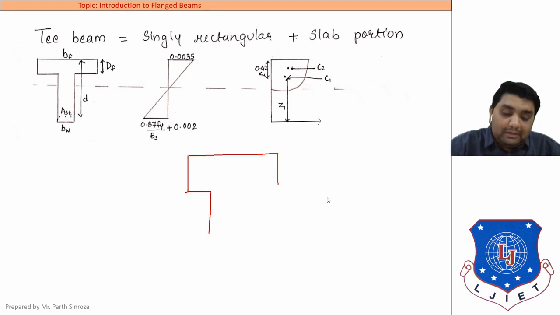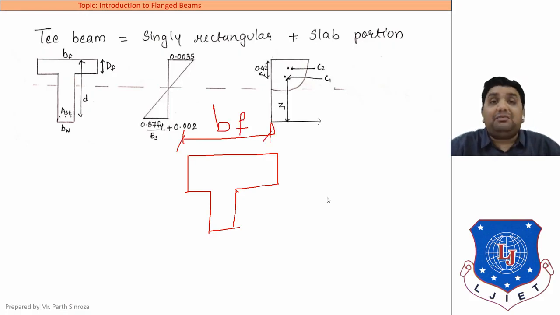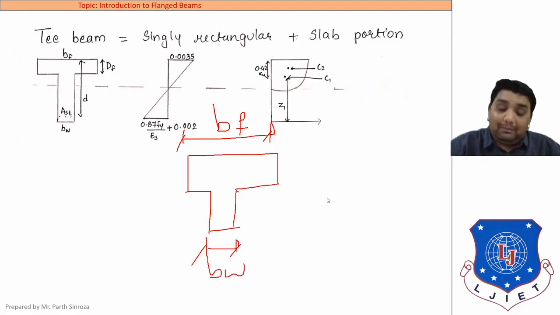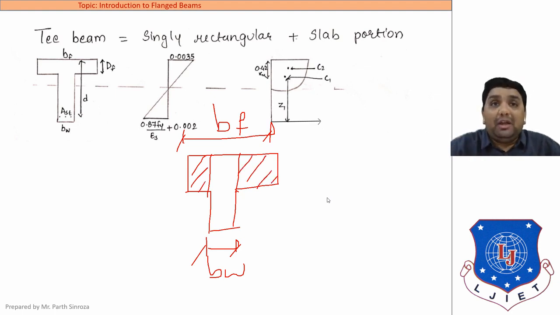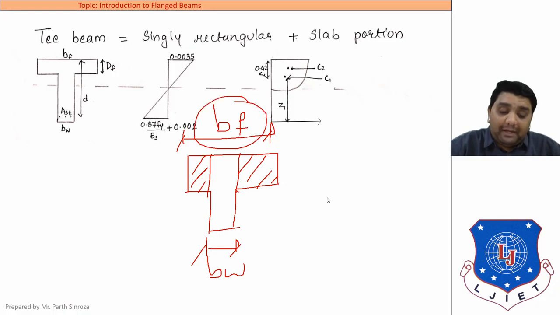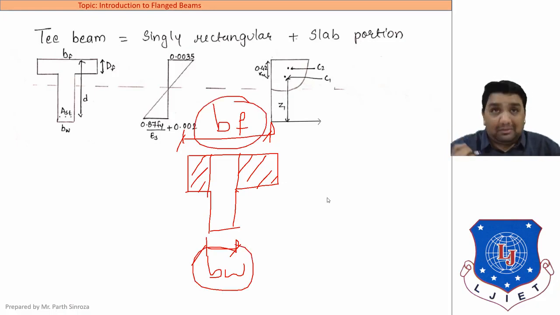Now we'll be looking at the section. This dimension, as we have discussed, is bf, the width of flange, and this dimension is our bw. If we need to find the length of the overhang portion, it will be bf minus bw. If we take out this middle portion, it will be our effective length.